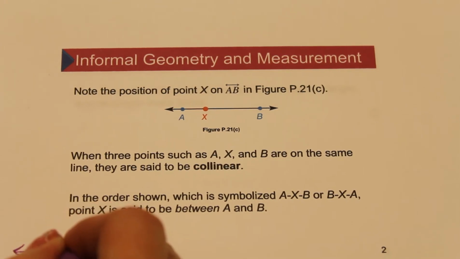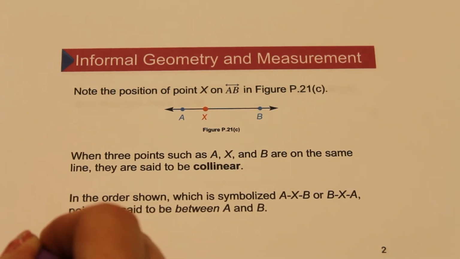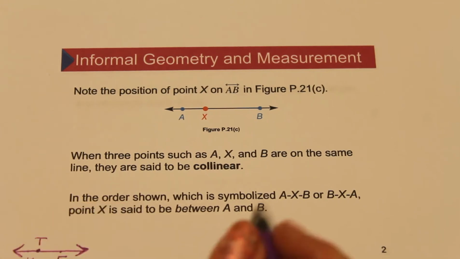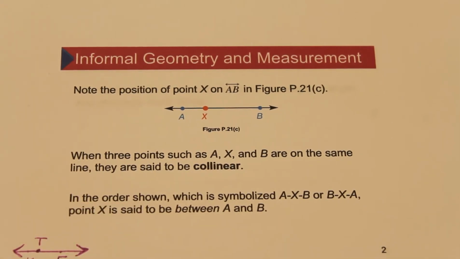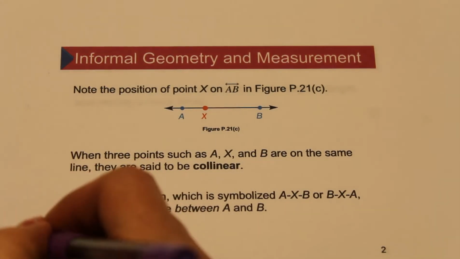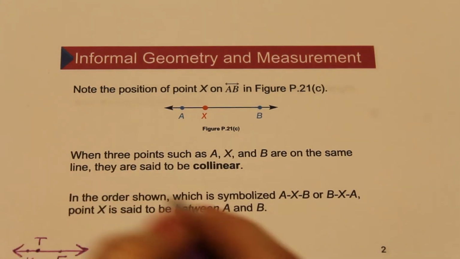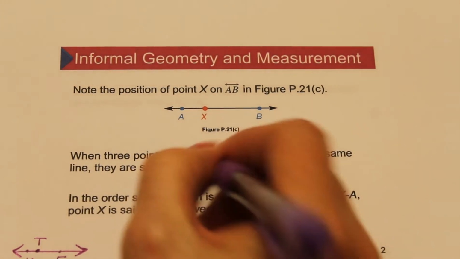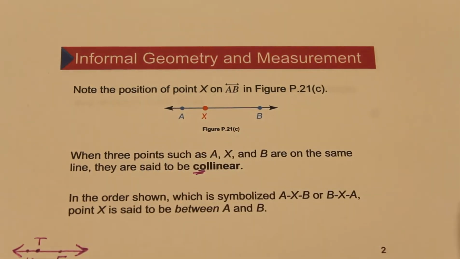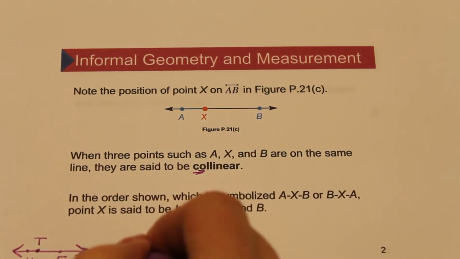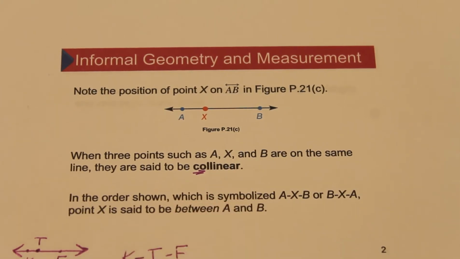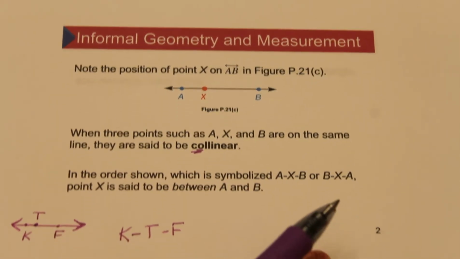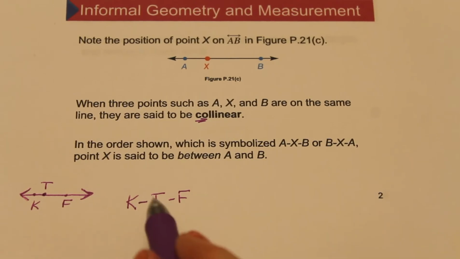And if I want to show that there is a point in between KF on that line, we would say that point K, point T, and point F are collinear. They're on the same line. And we would write that KTF. That means that point T is between K and F.